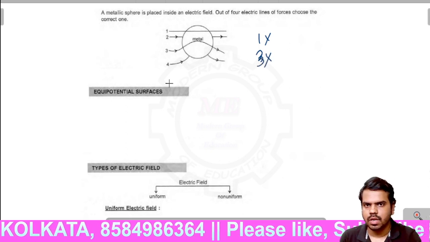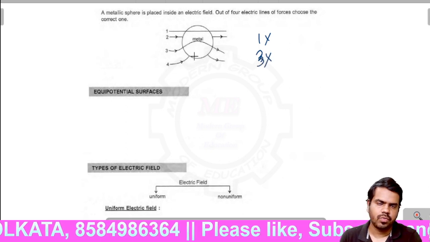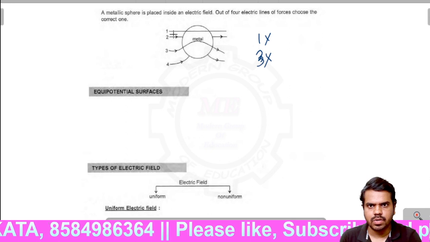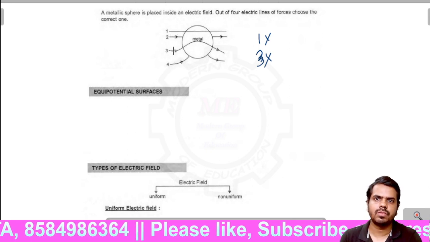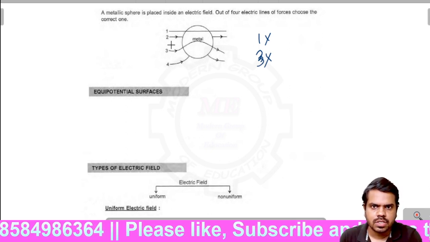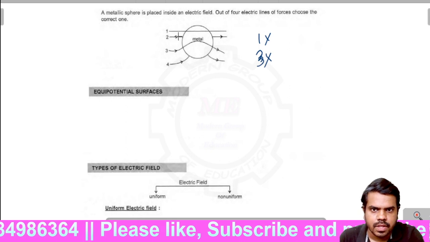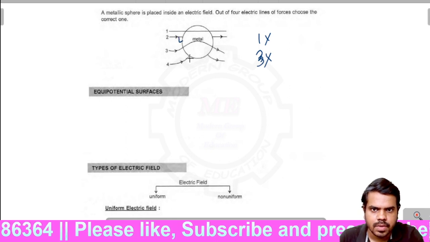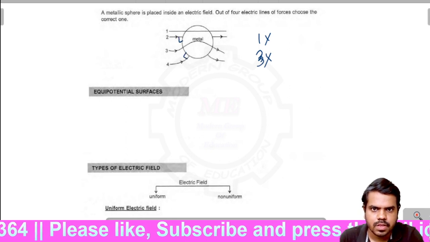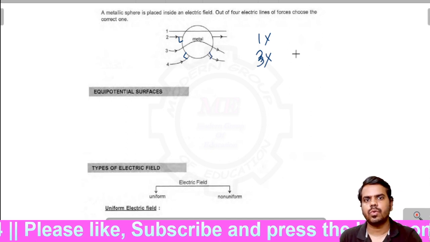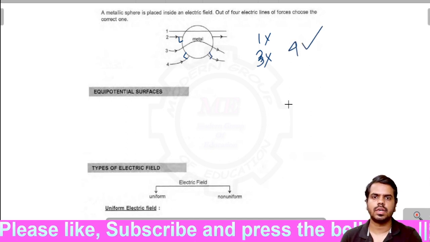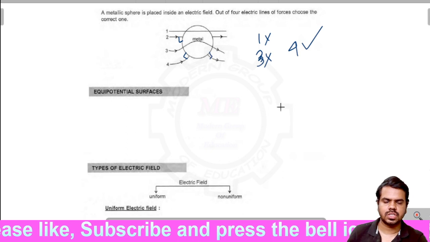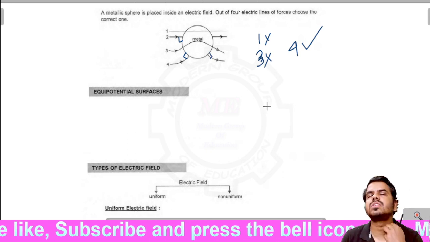In 4, there is no field line inside the conductor. But between 2 and 4, if you watch, in 2 there is no 90 degree, but in 4 this is 90 degree. So 4 is the correct option. The field line is perpendicular to the surface, so 4 is the correct answer.